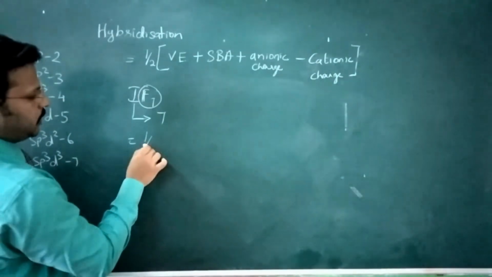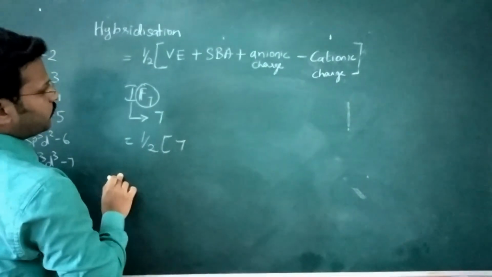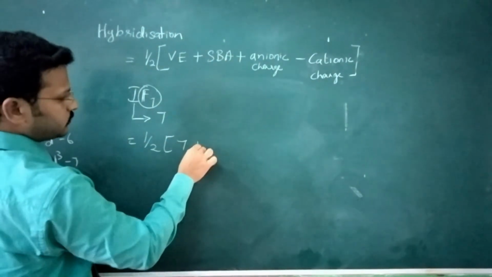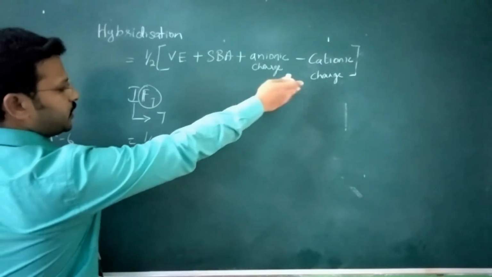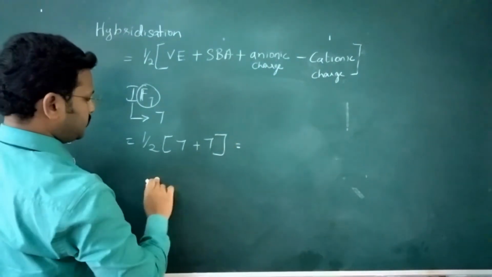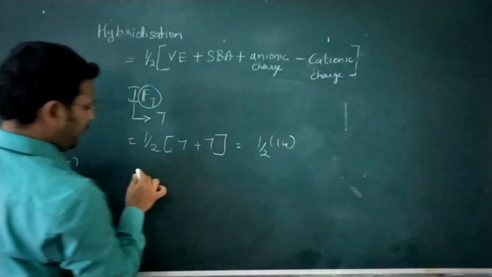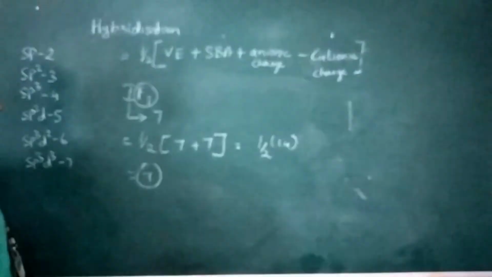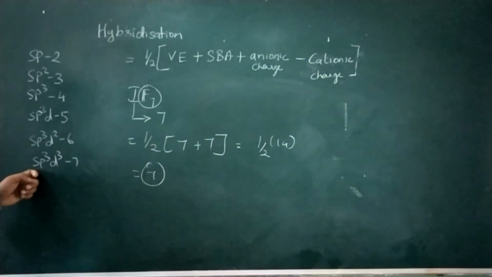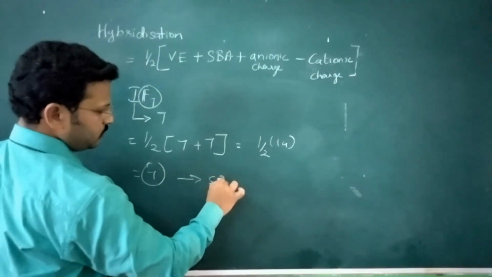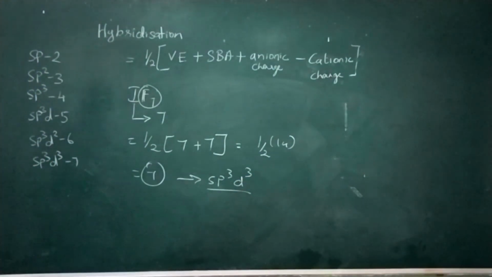Applying the formula, half into valence electrons, 7 for iodine, plus 7 side atoms. There is no cationic or anionic charge, so half into 14, and the hybridization value is 7. The respective hybridization is sp3d3.